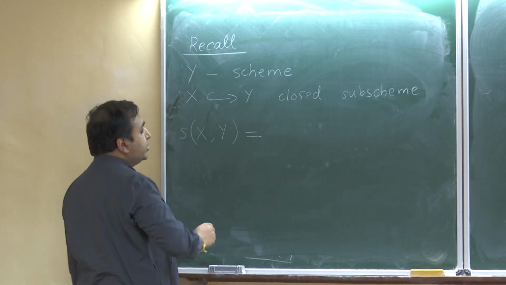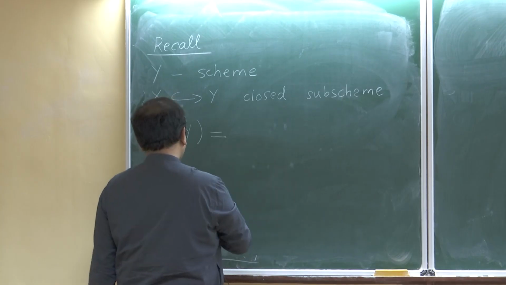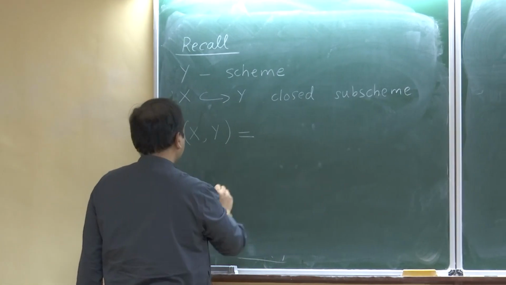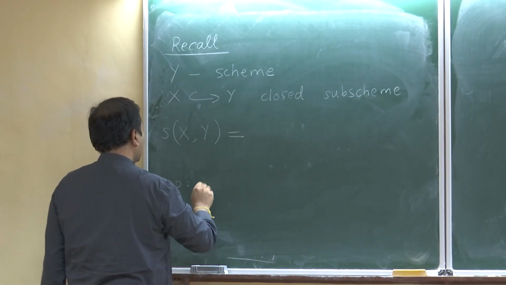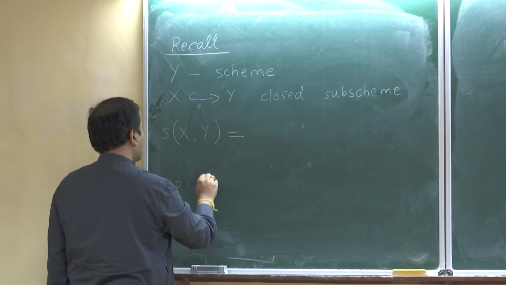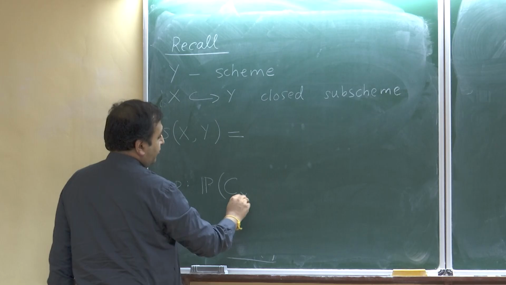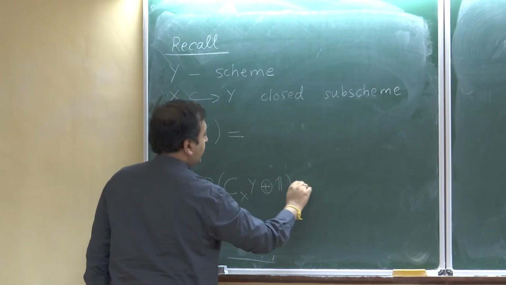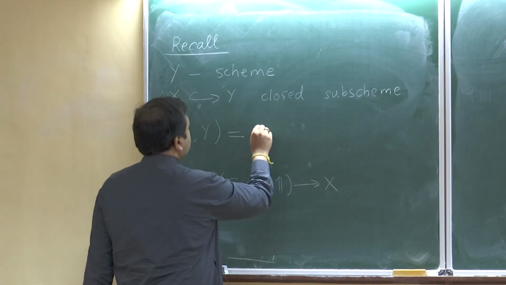This is just going to be a class, and we talked about why we have to do it that way. So let P be the projection from the projective completion of the normal cone to X, and then what is this?